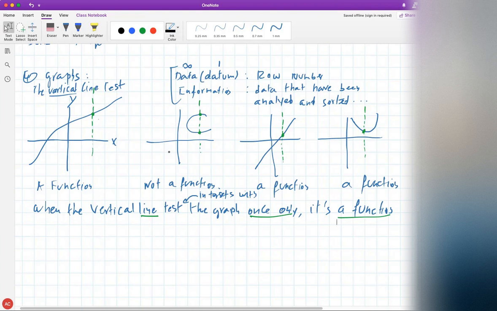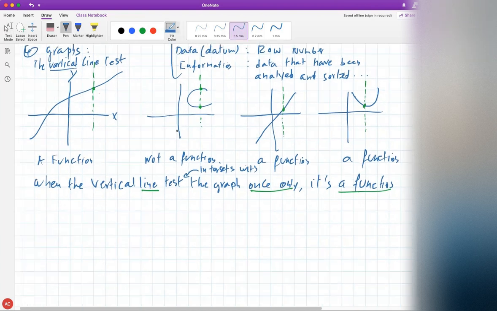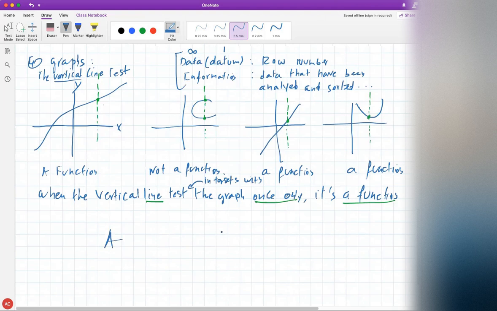So functions are unique, are distinct, because a function is something that takes you from point A to B. For example, F for function.